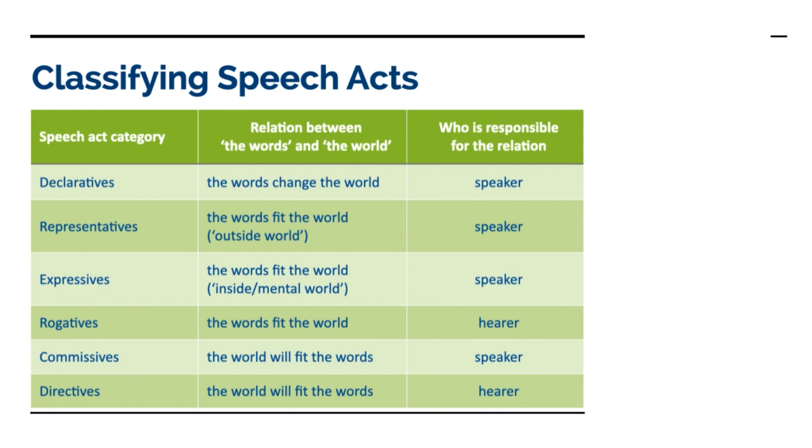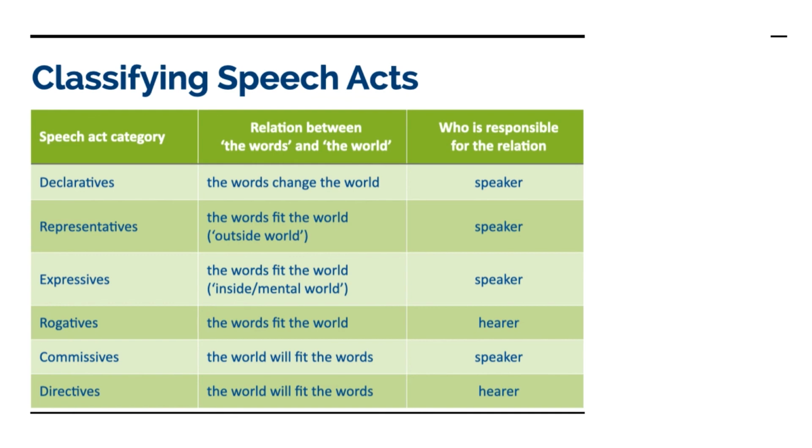In the commissives, the world will fit the words because the words are coming first, and then the speaker is committing to some future action that will change the situation in the world to make it match the words that have been uttered. And it's the speaker who's responsible for making that change.